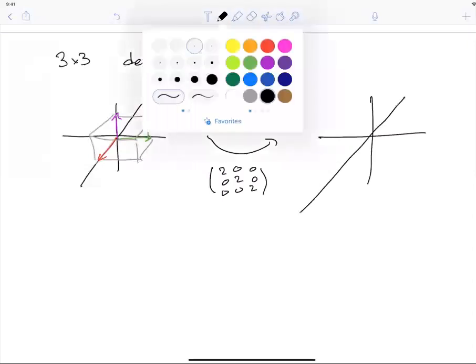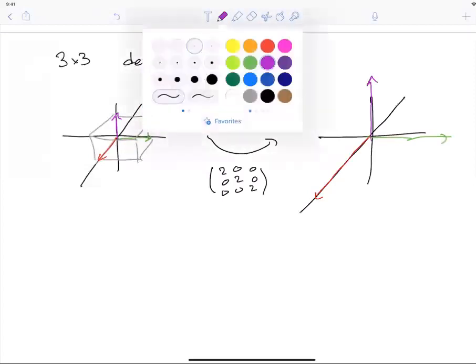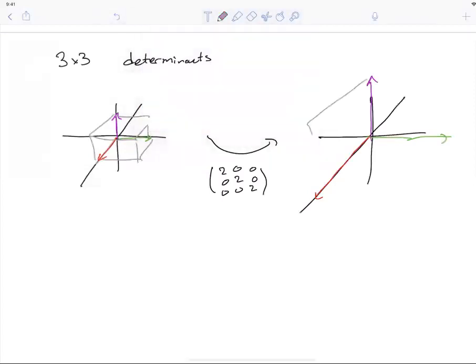This box is going to stretch by a factor of 2 in the x direction, a factor of 2 in the y direction, and a factor of 2 in the z direction. And so even though you only stretch each dimension by a factor of 2, the box itself is going to get larger by a factor of 8. That volume now is times 8 of what we had before.